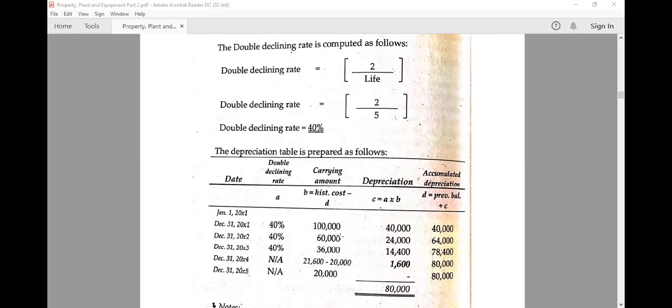So multiply that again with 40% equals 14,400, thereby making the total accumulated depreciation 78,400. Question, do we still have a certain carrying amount? Yes, let's check. 100,000 minus 78,400, that's 21,600.